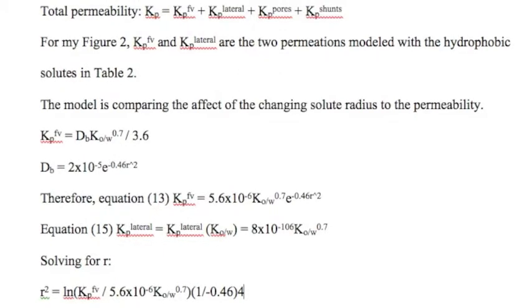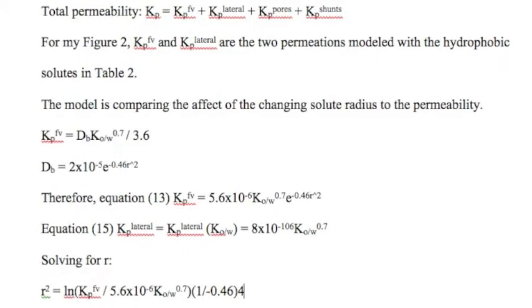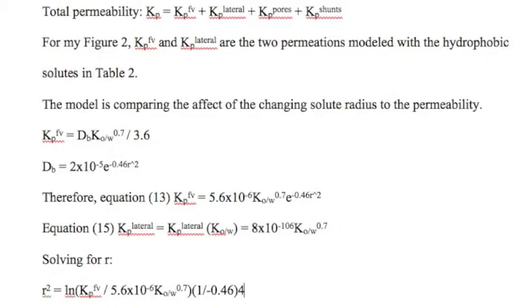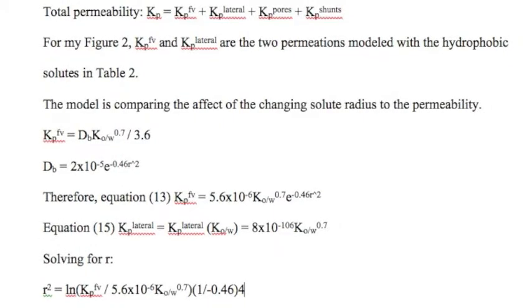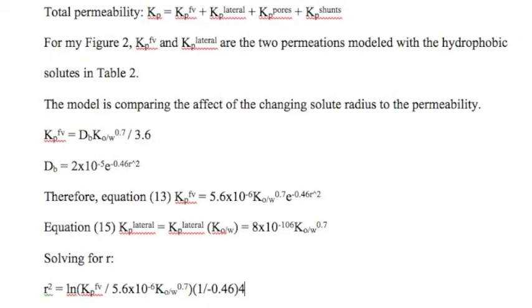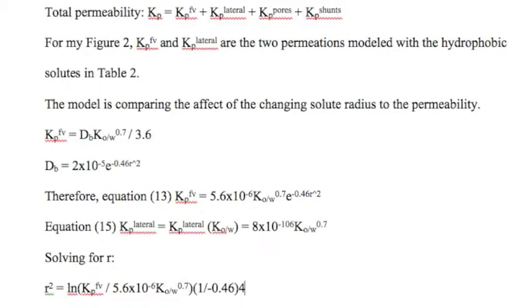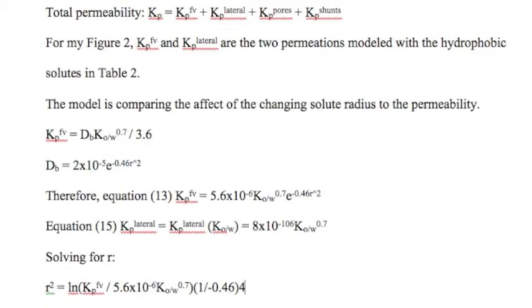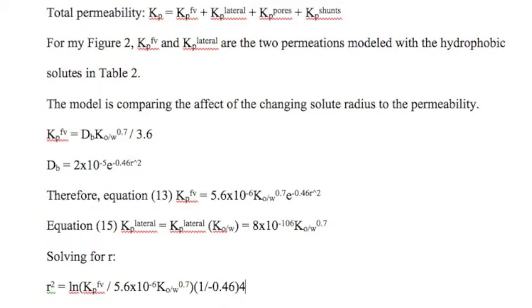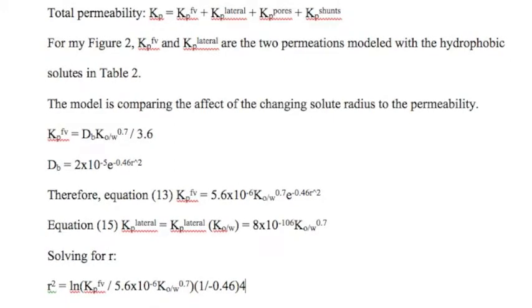So here's the first equation I was talking about with the total permeability. Like I said, in figure 2 we only use the free volume and lateral due to the different size of the different weights of the solutes.